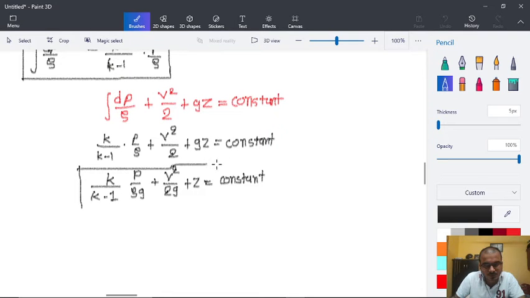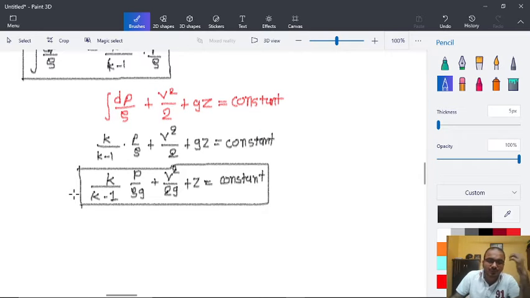So that is the equation, and if we need to write down this equation at 2 points, then let's write it down.